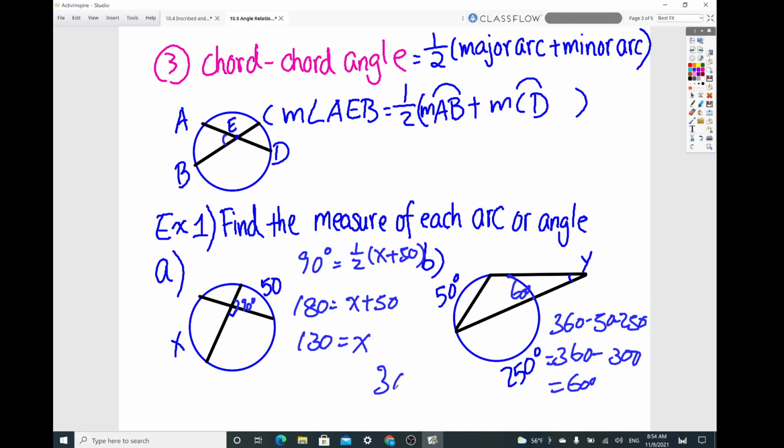So 300 minus 60, and then divided by 2. So 300 minus 60 is 240, divided by 2, which is 120 degrees.